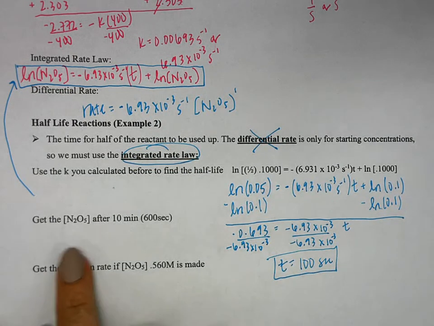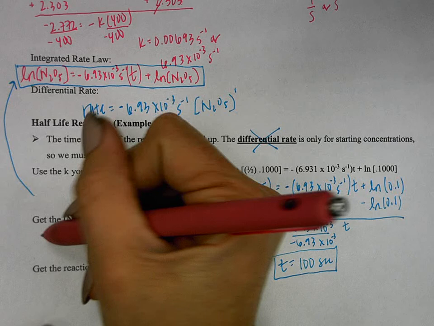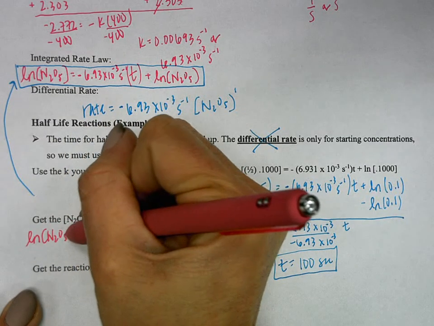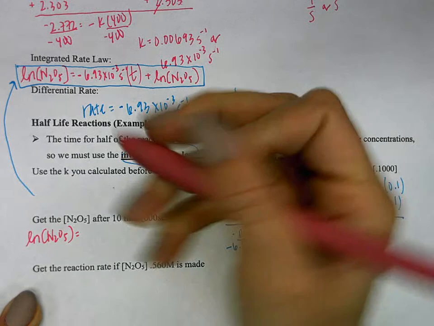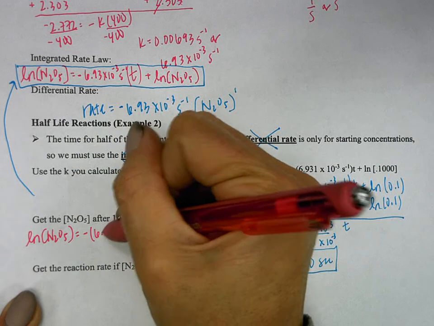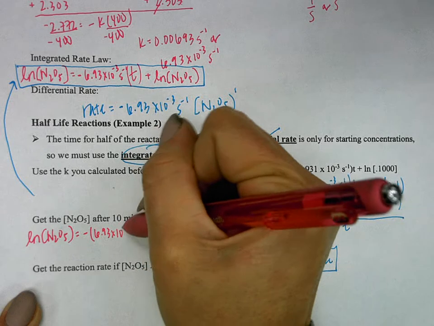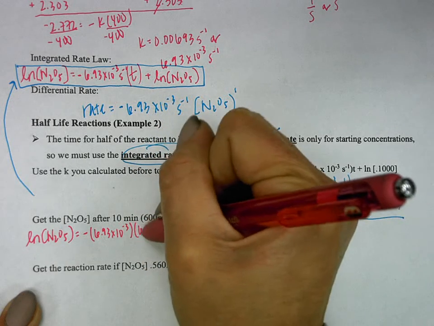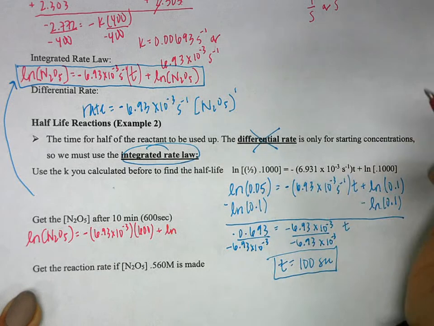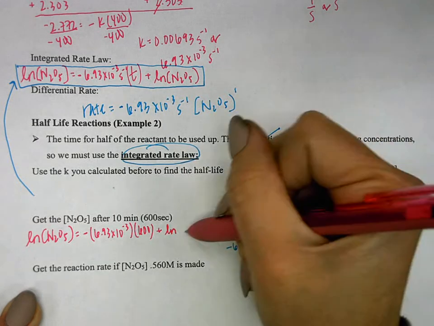Our next question says, get the concentration of N2O5 after 10 minutes, or 600 seconds. So we'd have ln of the concentration of N2O5 equals, and we get to plug everything in: negative 6.93 times 10 to the negative third times our time, which is 600 seconds, plus the ln of our initial concentration, which was 0.1.